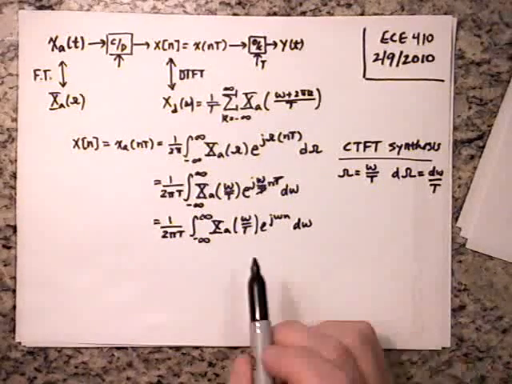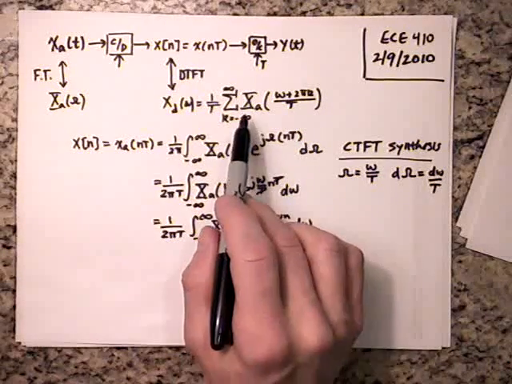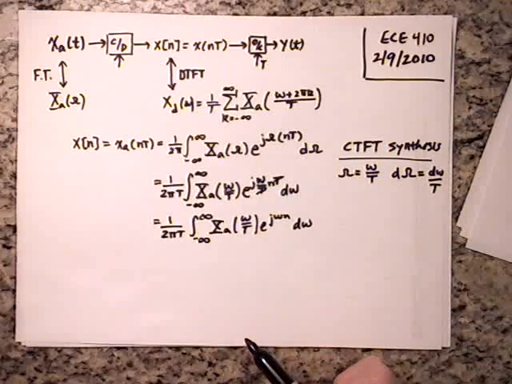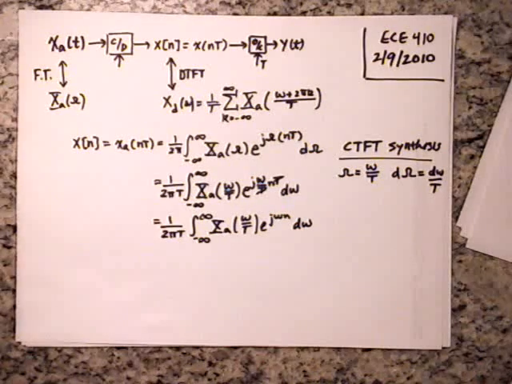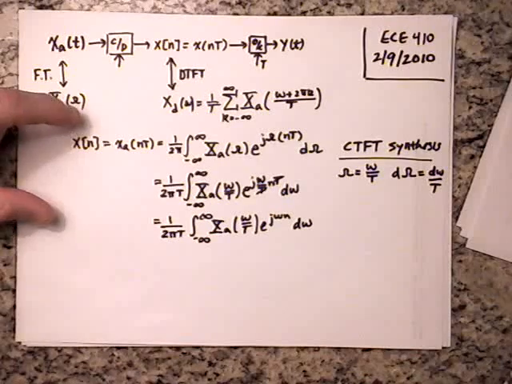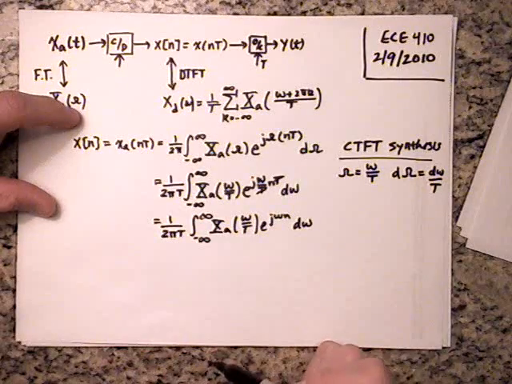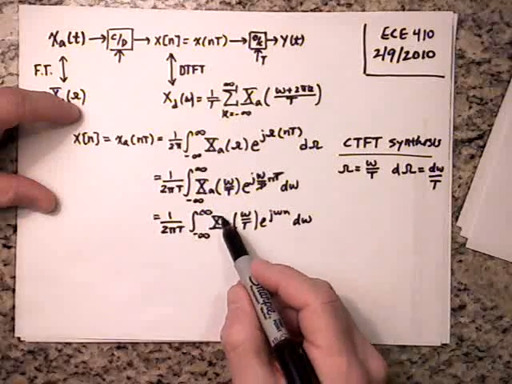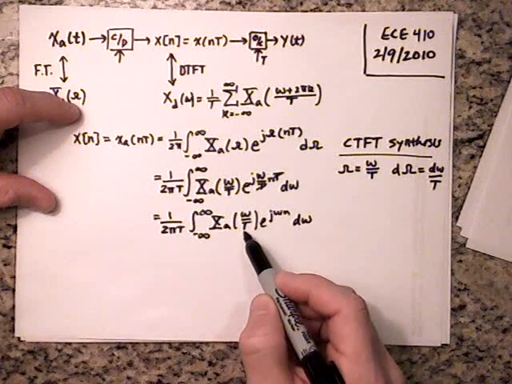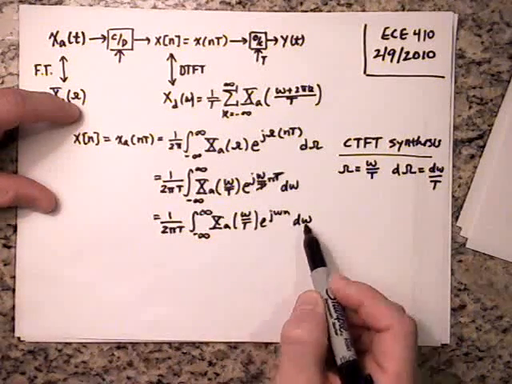So now it's starting to look like this DTFT, but it's not quite there yet. I have this integral that goes from minus infinity to infinity, and I've got xa of omega over t e to the j omega n d omega.